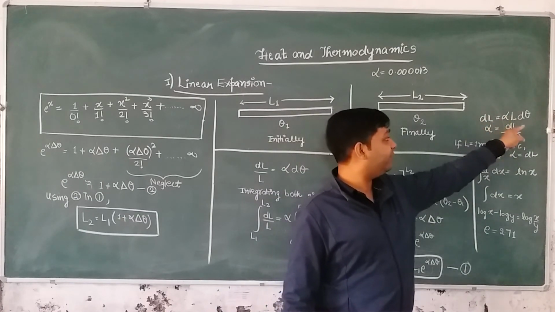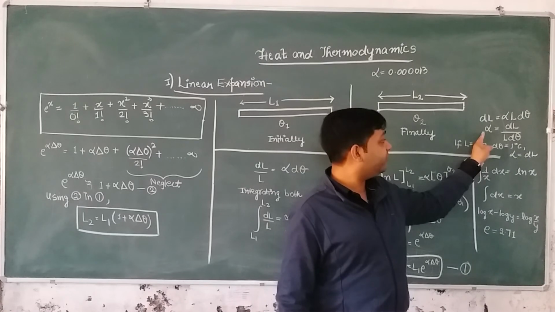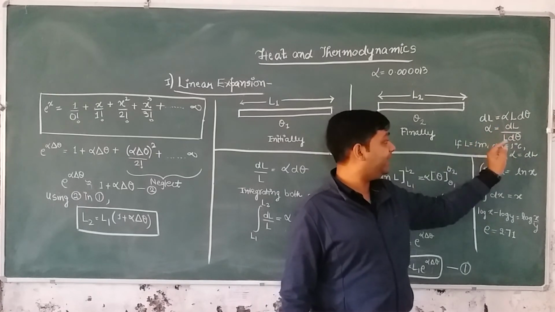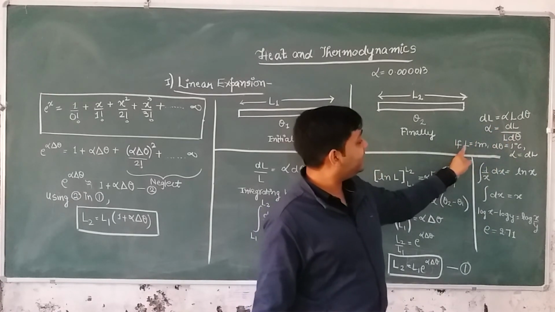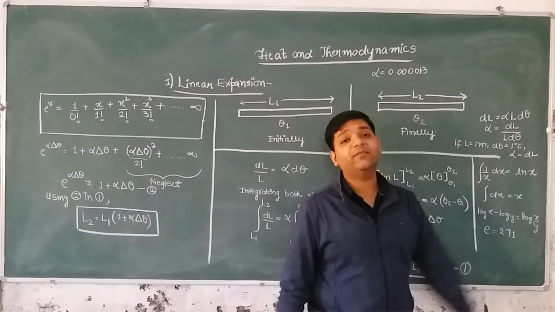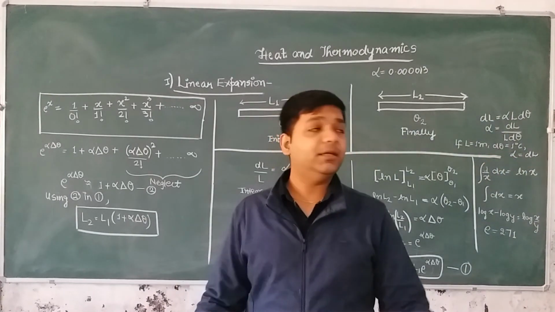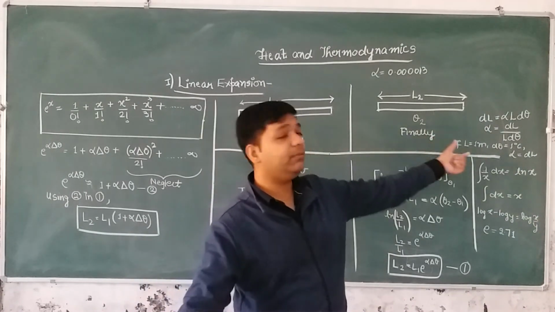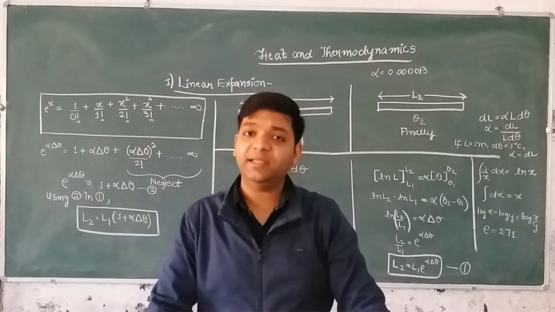dl is equal to alpha L d theta. Therefore alpha is equal to dl upon L d theta. So if L is equal to 1 meter and d theta is equal to 1 degree centigrade, then alpha is equal to dl. And from here we can frame the definition of coefficient of linear expansion.